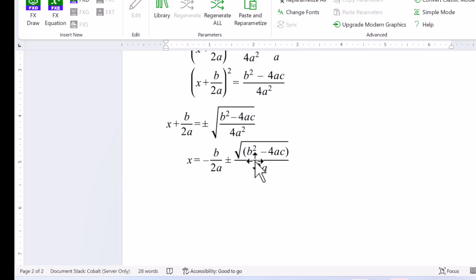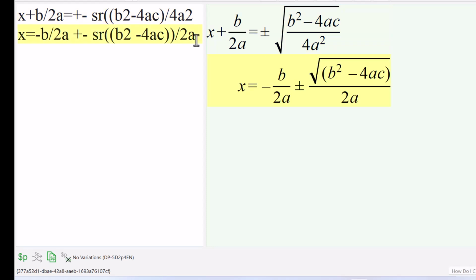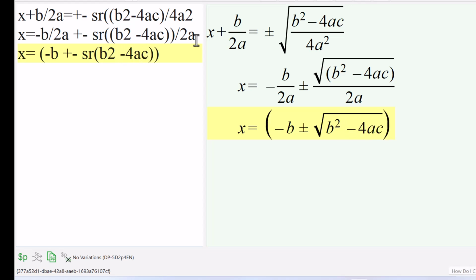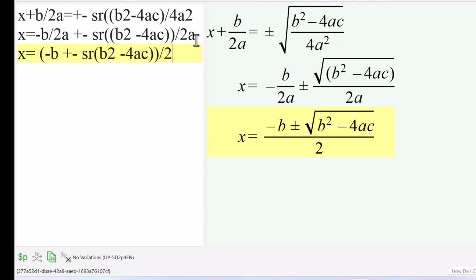So my final answer for my quadratic formula, let me end it here, will now become x equals to minus b plus or minus square root b squared minus 4ac, divided by 2a.